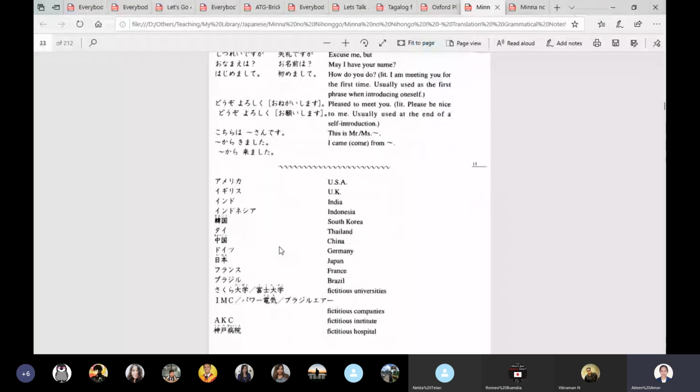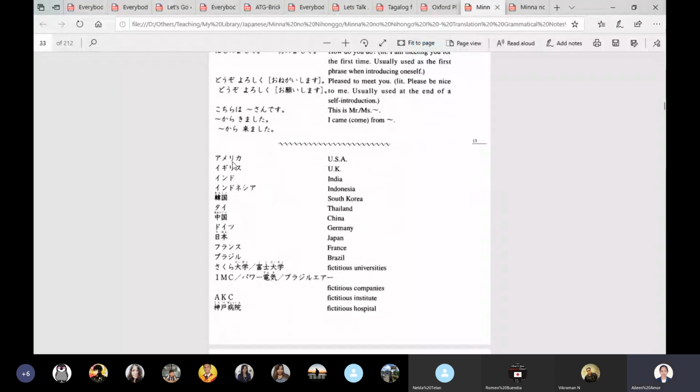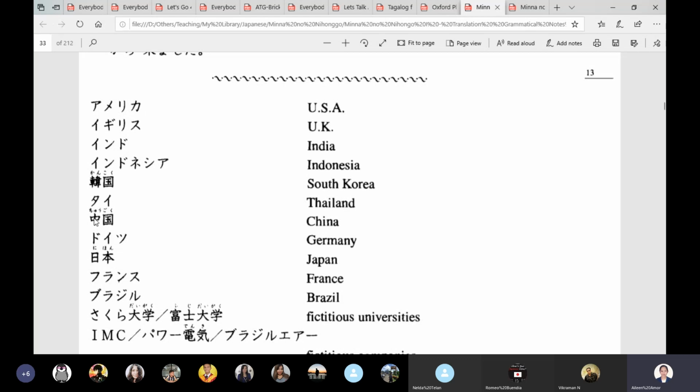Actually, we have some examples here. America jin, Igirisu jin, Indo jin, Indonesia jin. This is Kankoku jin, Tai jin for Thailand. For China, Chugoku jin.